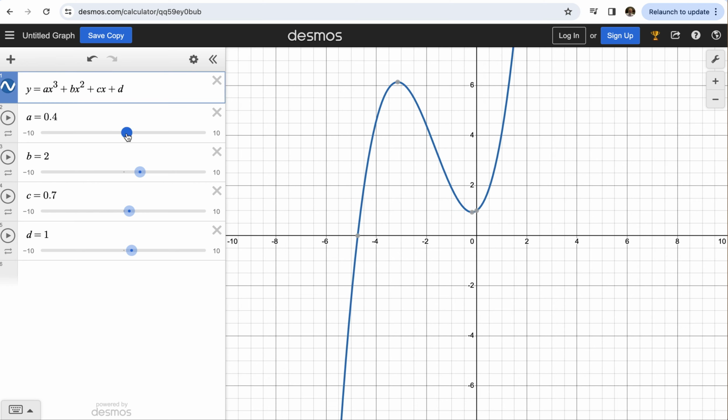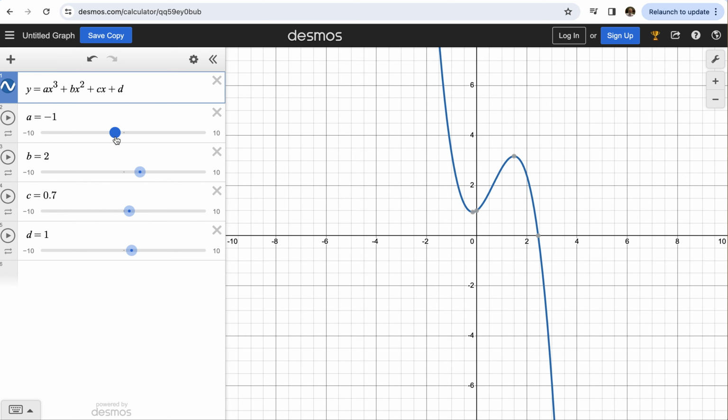And if A is negative, it tries to make it go the other way. But you notice a little ways, it's still got a 0.7 slope near the y-intercept. It looks like a parabola as you move away, but as you get far enough away, it turns into a cubic looking graph.